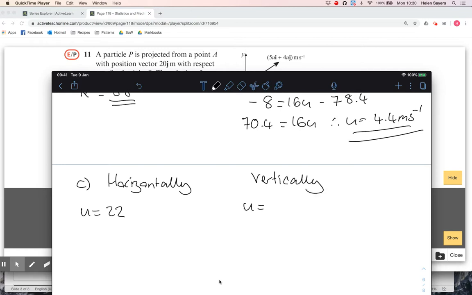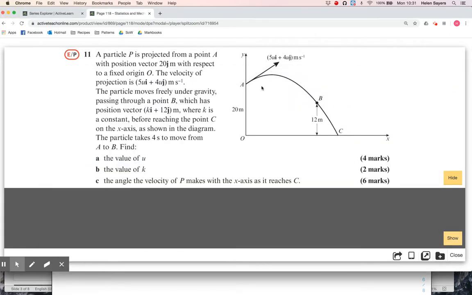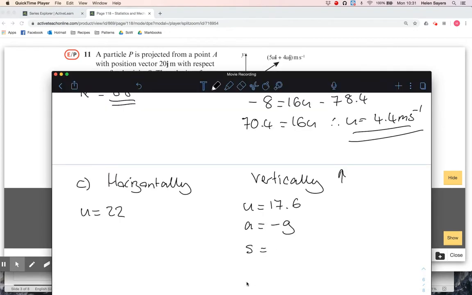Vertically, the initial velocity upwards was 4u, and we've just worked out that u is 4.4, so the initial velocity upwards was 17.6. Acceleration is minus g. It started at 20, and C is where it hits the ground, so at C displacement is minus 20, and I want its velocity.